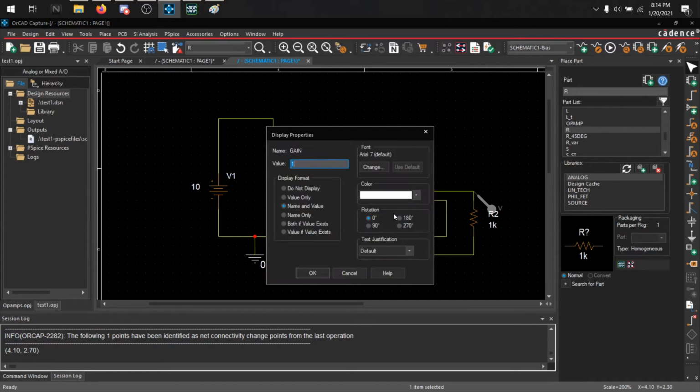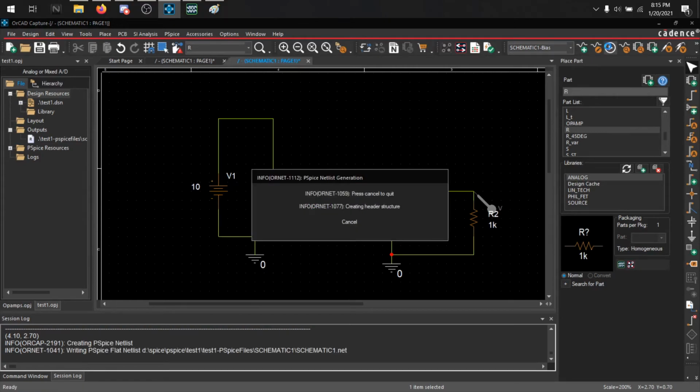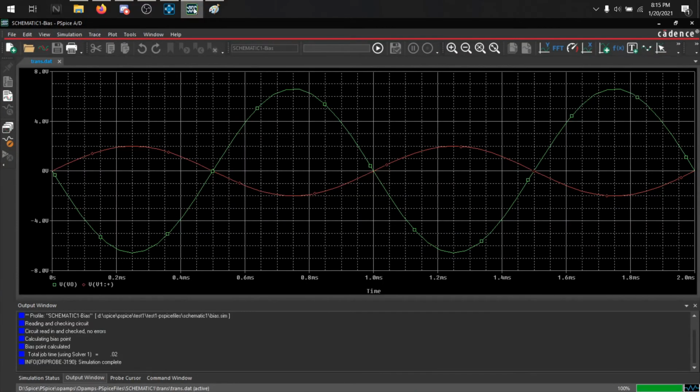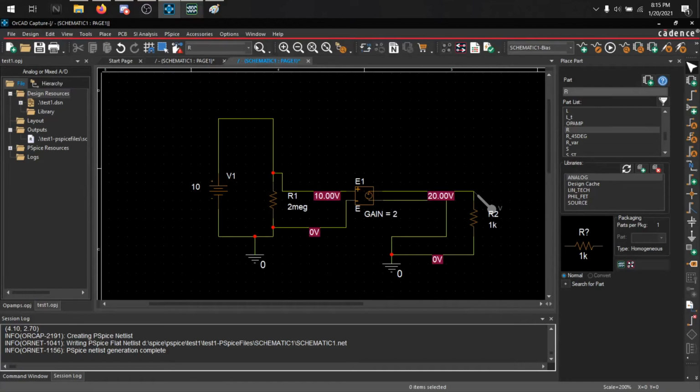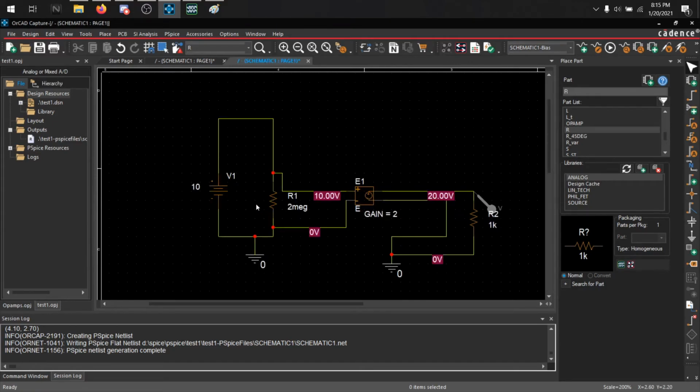So if we have 10 volts here, I'm going to put a gain of 2 and run it. I have it set for bias point. So it's a gain of 20. All I'm doing is pulling the voltage across this resistor and then amplifying it by 2.